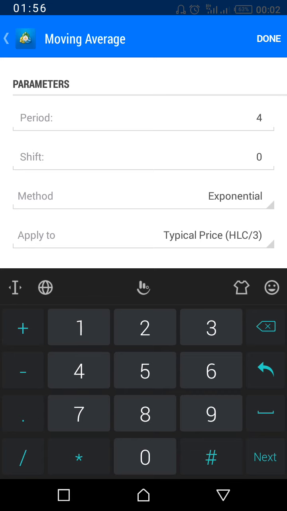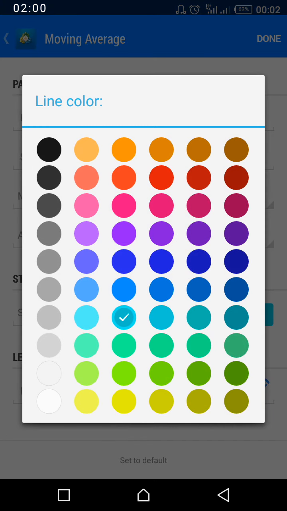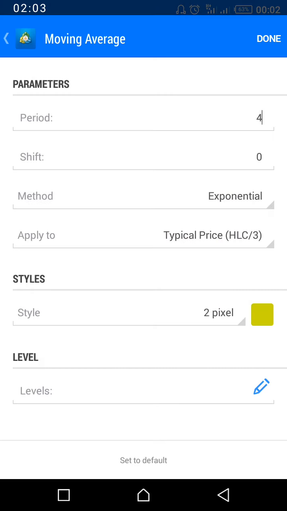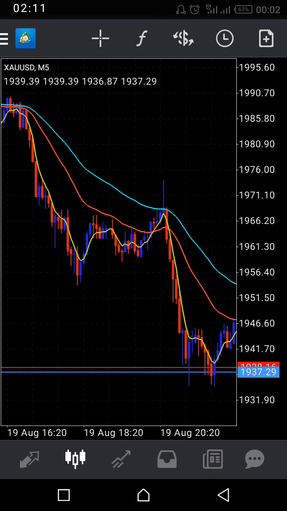Now you may be asking why 4. I will explain in a bit. And let's choose this color. I don't know what this is, but that's what I want to use. Okay, good.